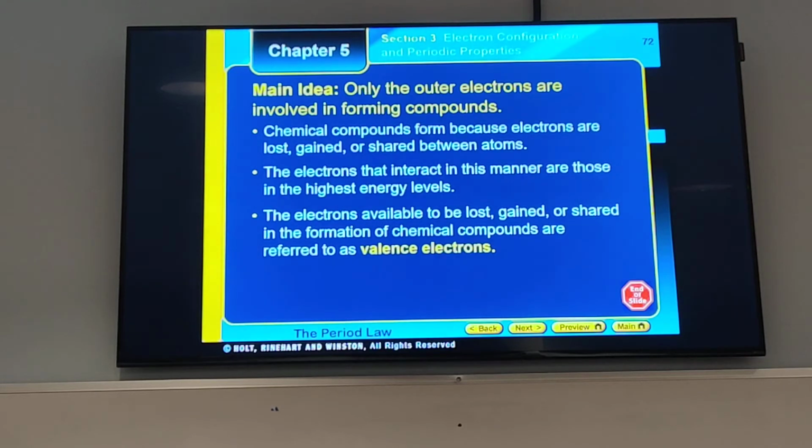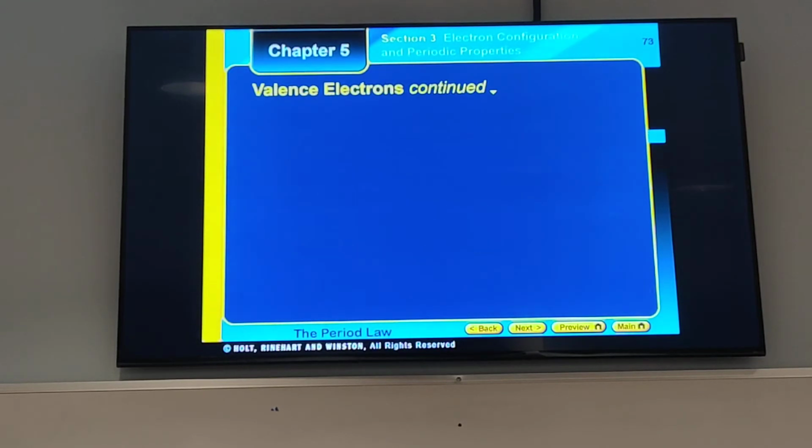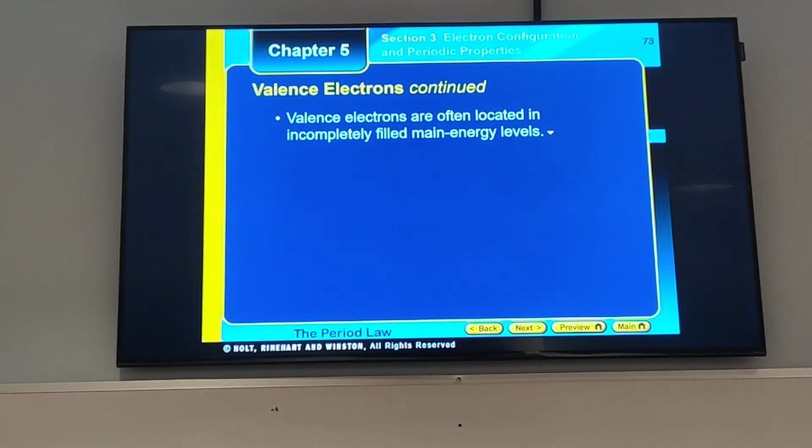Just the valence electrons, in the S and the P. So valence electrons are often located in incompletely filled main levels. Like sodium, we said it had just one S electron. Chlorine had an S2P5 in its outer level. That's pretty common. And it's good because then they can react with each other.